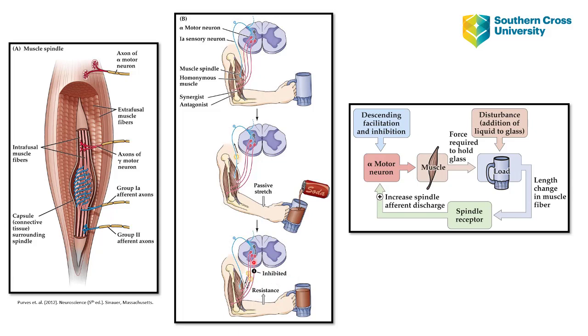We essentially get activation of the alpha motor neuron pool of the stretched muscle, we get activation of our synergist muscles, and we get inhibition of our antagonist muscles. So that's how our muscle spindle reflex at a spinal cord level can facilitate movement. So very important reflex loop.